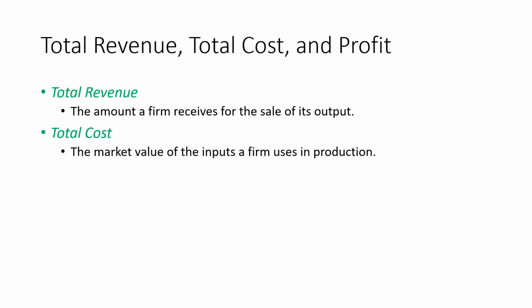We have total revenue, and total revenue is defined as the amount a firm receives from the sale of its output. Students usually confuse the two terms. They usually confuse revenue with profit. Profit is something else.